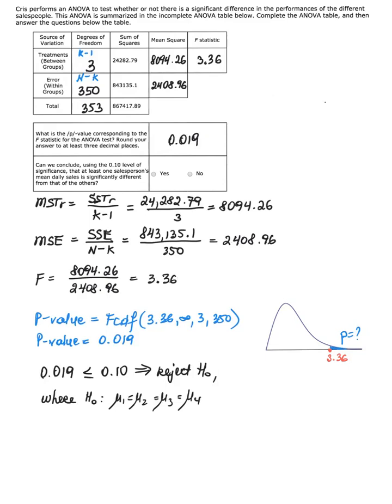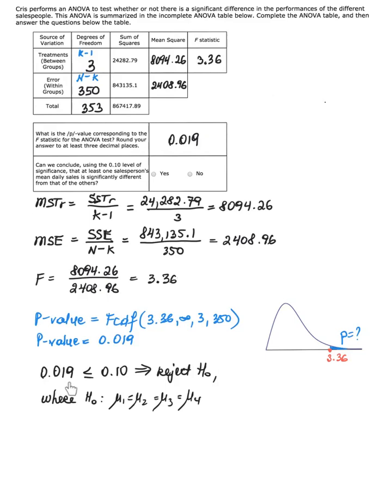Let's answer the last question of this assignment. Can we conclude, using the 10% level of significance, that at least one salesperson's mean daily sales is significantly different from that of the others?